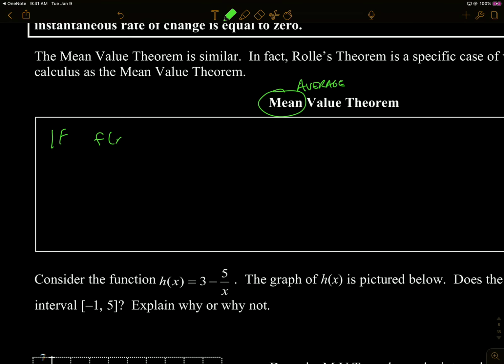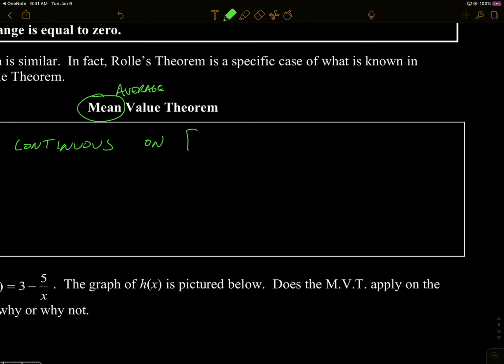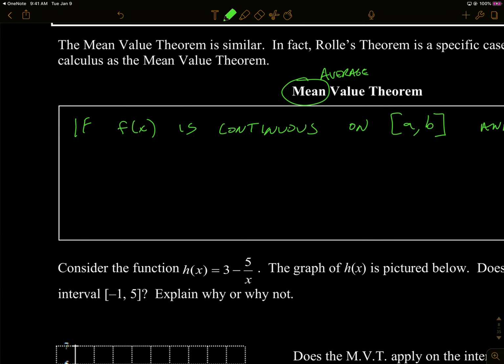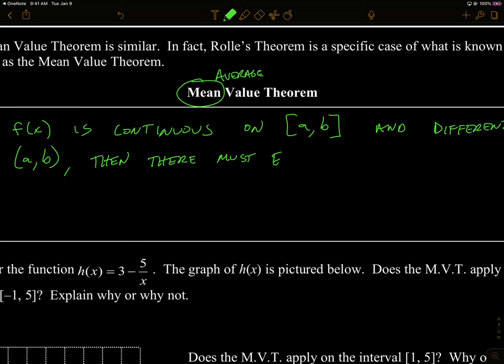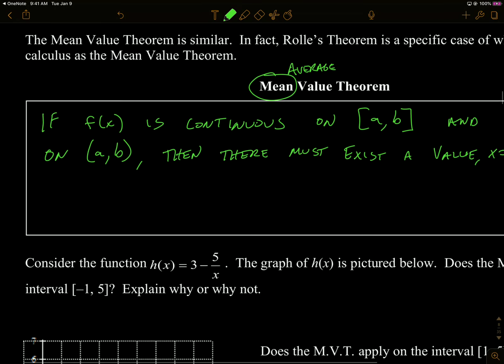If f of x is continuous on the closed interval and differentiable on the open interval, then there must exist a value, we like to call it c, on the interval.